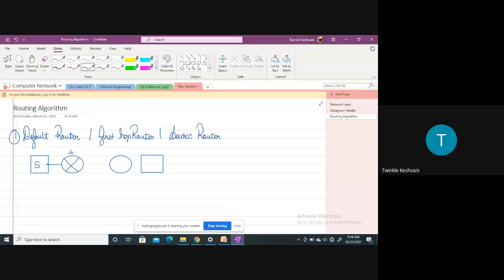So there are mainly three terminologies used for the default router, right? The sender is connected with some router and sending the packet, and the packet will traverse through that specific router. That router is referred to as a default router or first hop router, or we can say the source router.